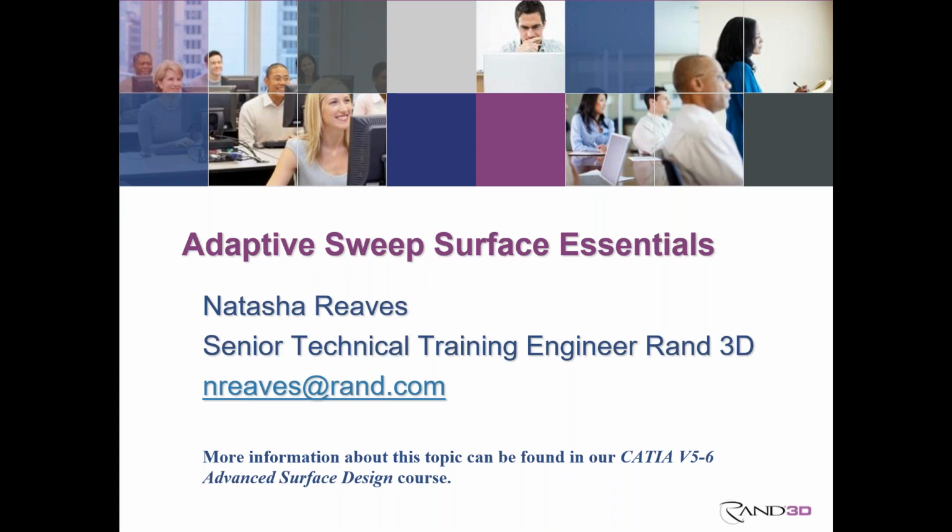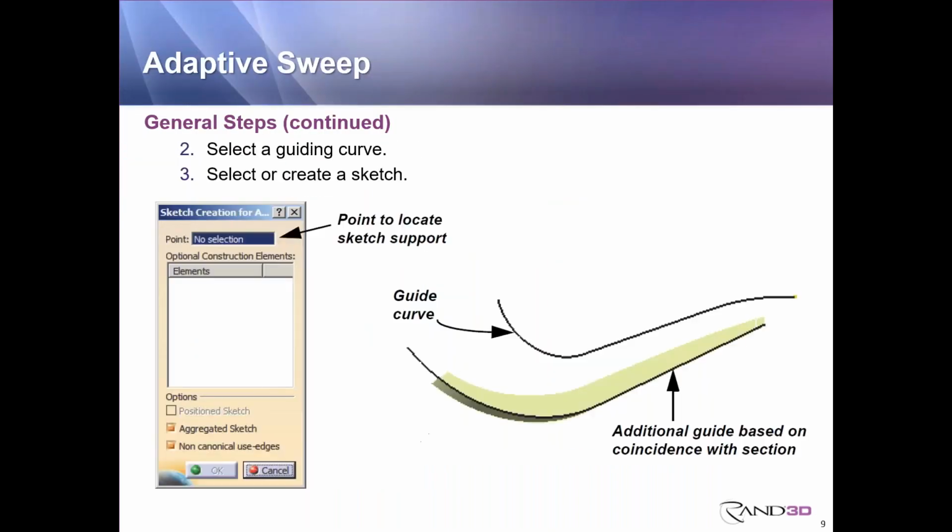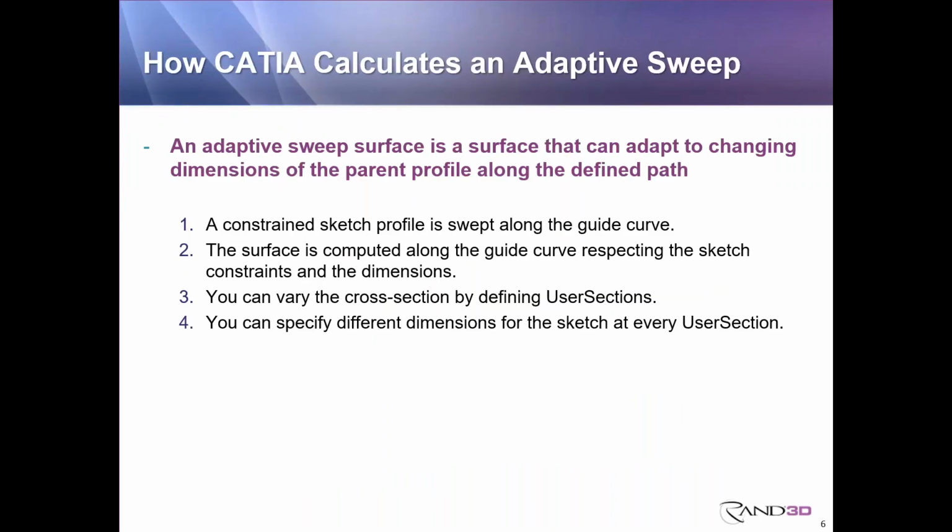So as a summary to everything that I mentioned about how CATIA self calculates the adaptive sweep, I'm going to go back to that image that showed that so that we reinforce what I showed through the actual demonstrations.